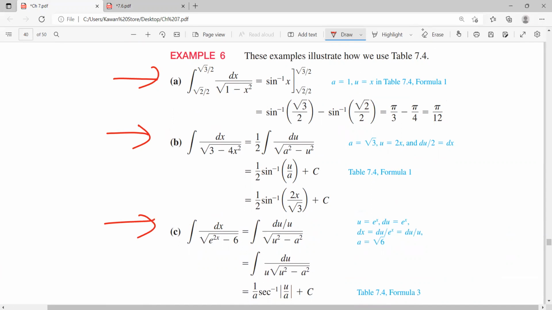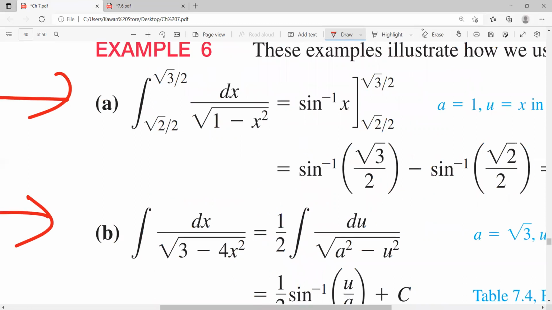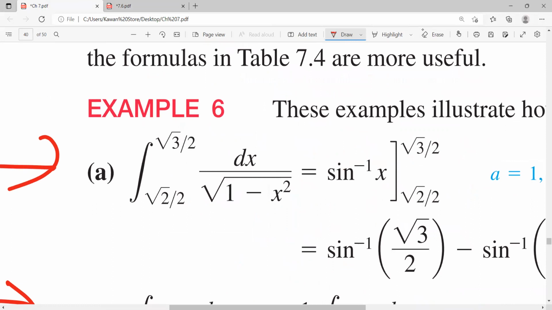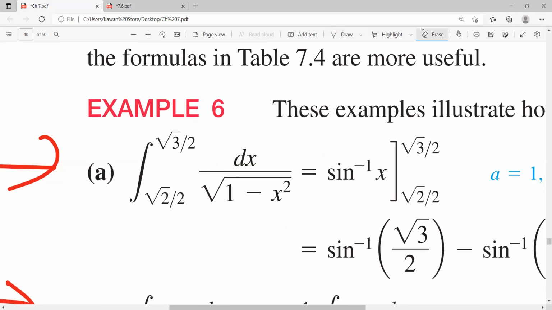Okay, these are easy. Why? Look at it. Look at here. What we have, the formula. Am I right? I have a formula, just no more else. So I have a formula. Yes, I can write down sine inverse.